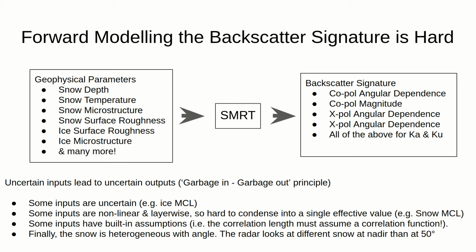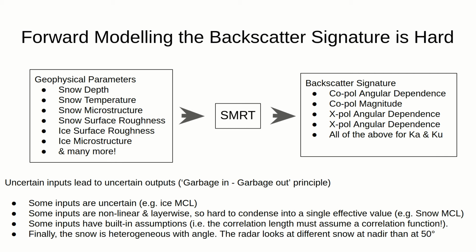And because there's uncertainty in the geophysical parameters, sometimes quite a lot, sometimes they weren't even measured, there's a lot of uncertainty in the backscatter, so much that it makes actually modelling the backscatter that was observed really difficult, arguably impossible. And that's because the observed backscatter is really specific and information rich, and we just can't be that precise with the inputs to the model.